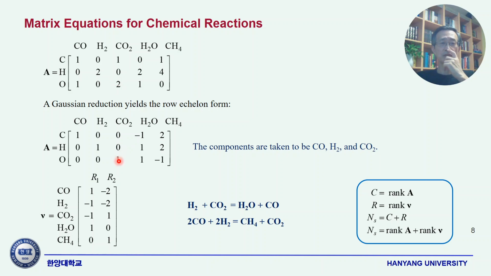It was 1. Okay, so if you subtract it, that's 0, and if you subtract it, you leave minus 1. If you subtract minus 1, in that case 1 minus (-1) is 2. Okay, yeah, so this is the row echelon form.